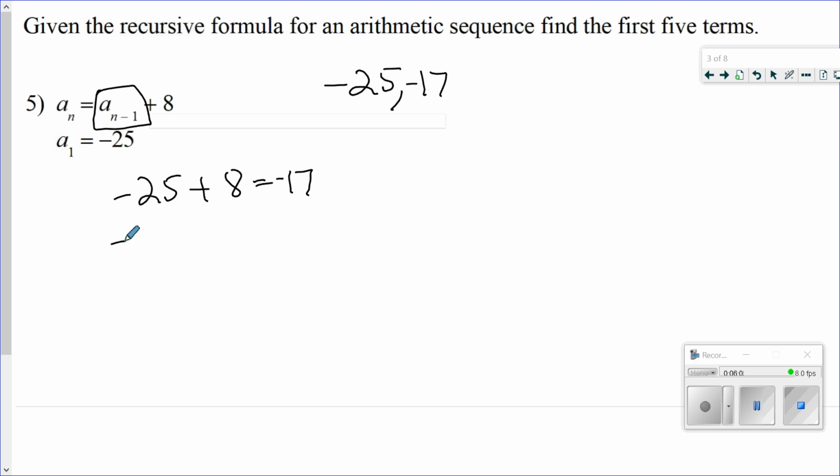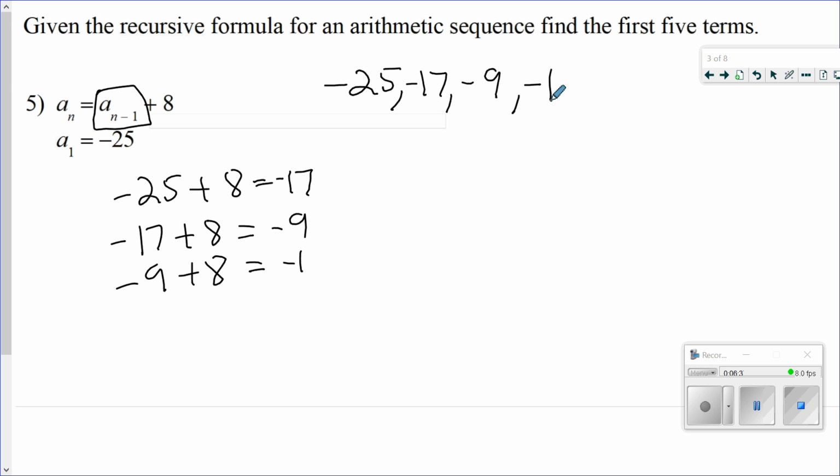Now I'm going to take the negative 17 for my third term and add 8 to it. That's going to give me negative 9. And now I'm going to take negative 9 and add 8 to it, and that's going to get me negative 1.